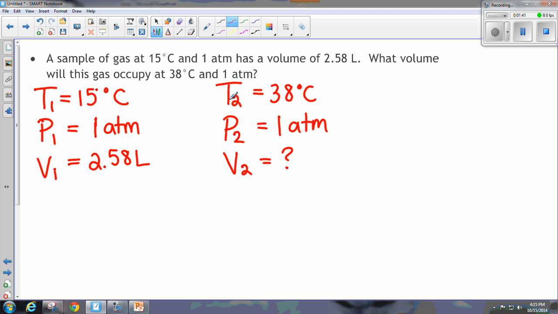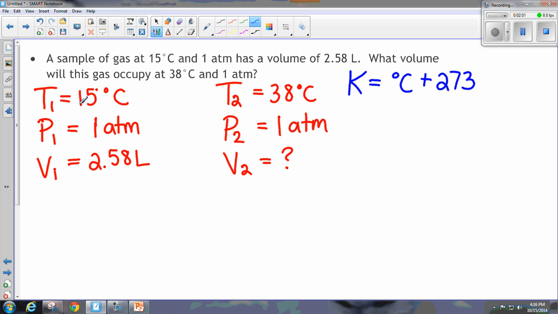Whenever I have a temperature, so I have T2 and T1 here, I immediately convert to Kelvin. So remember that the Kelvin temperature is equal to degrees Celsius plus 273.